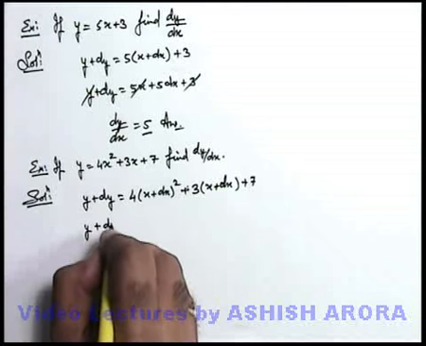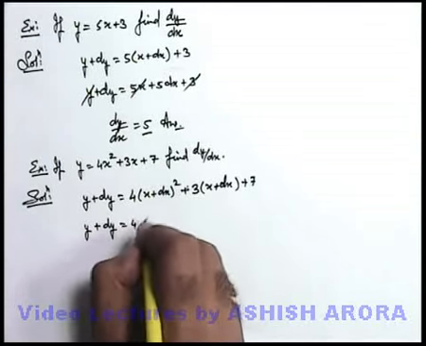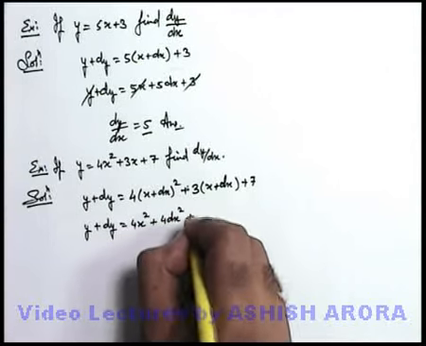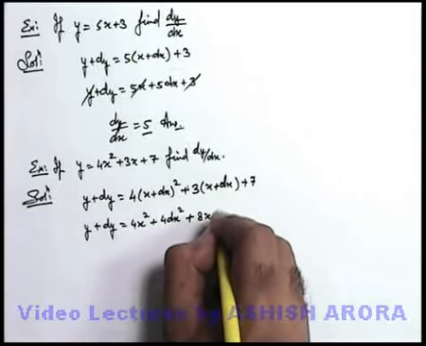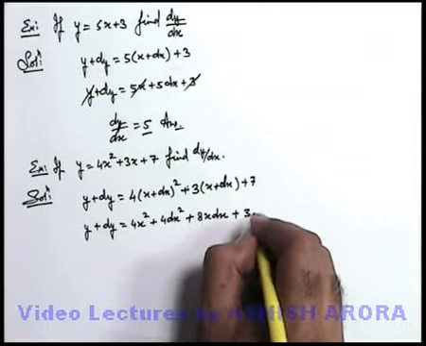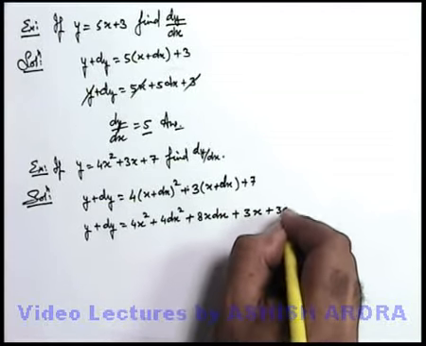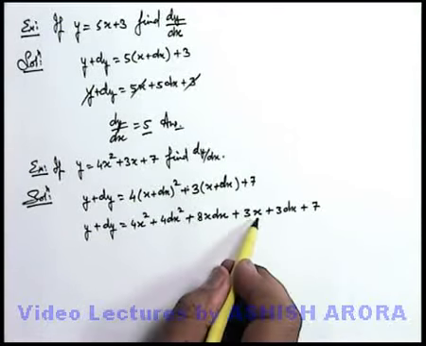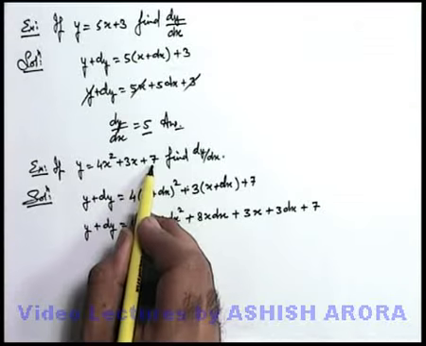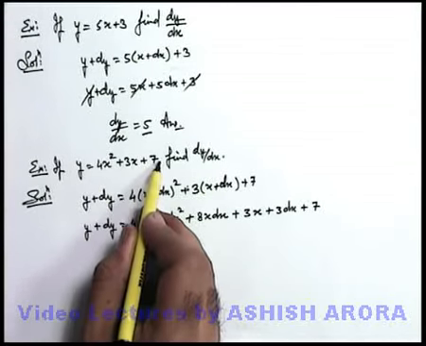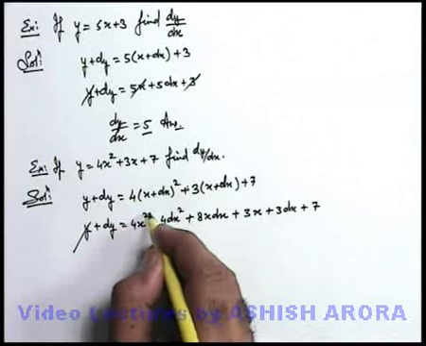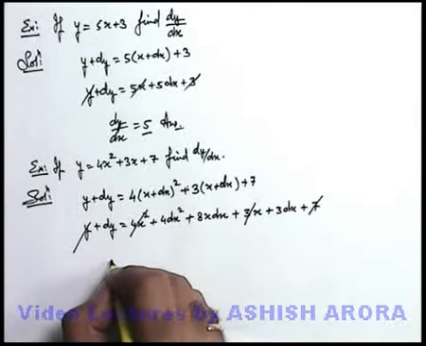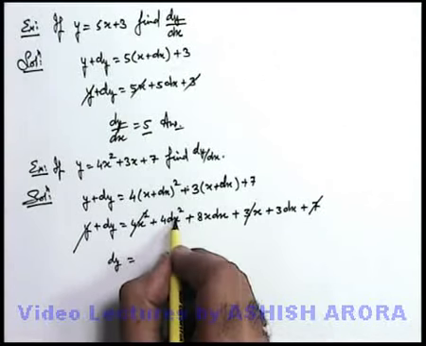Y plus dy equals 4x square plus 4 dx square plus 8x dx plus 3x plus 3 dx plus 7. If you look at the original equation, y is 4x square plus 3x plus 7, so we can cancel y with 4x square plus 3x plus 7. Now dy is given as 4 dx square plus 8x dx plus 3 dx.